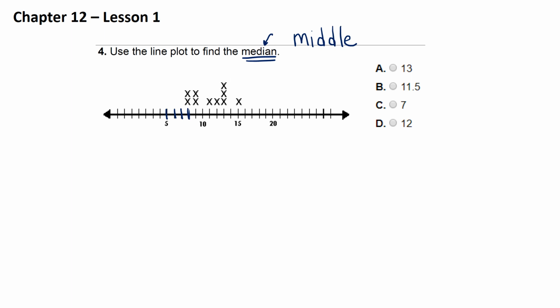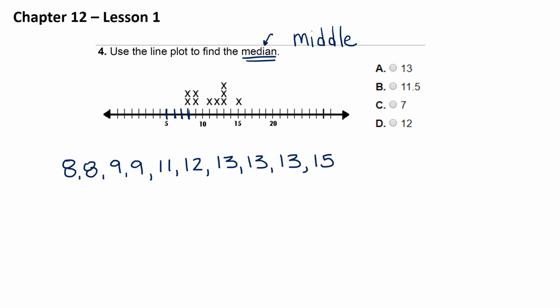We're going to start with a value of 8, and there are 2 8s, 2 9s, 1 11, 1 12, 3 13s, and 1 15. There are 1, 2, 3, 4, 5, 6, 7, 8, 9, 10 values.